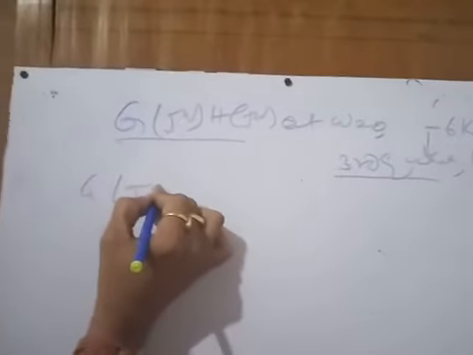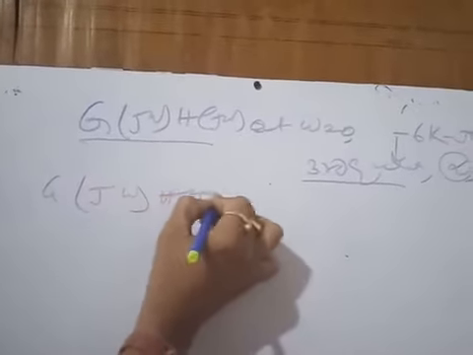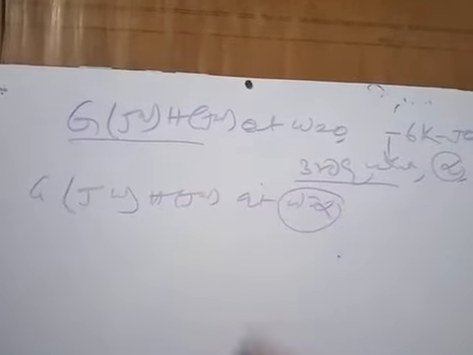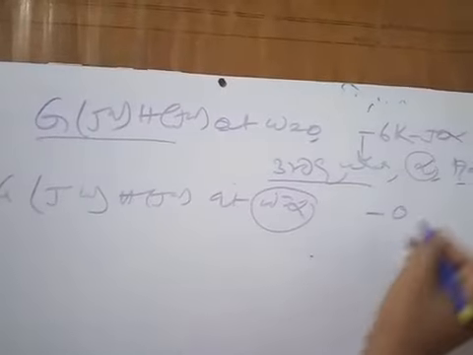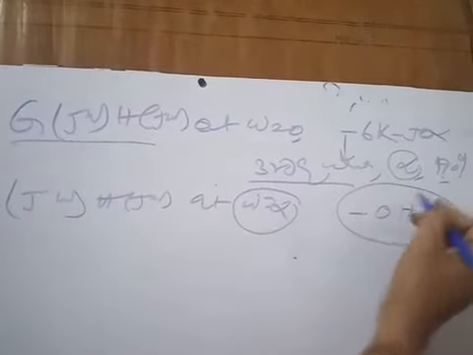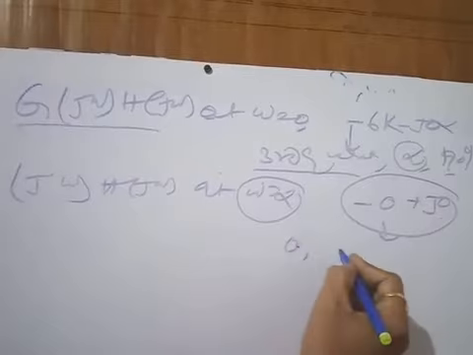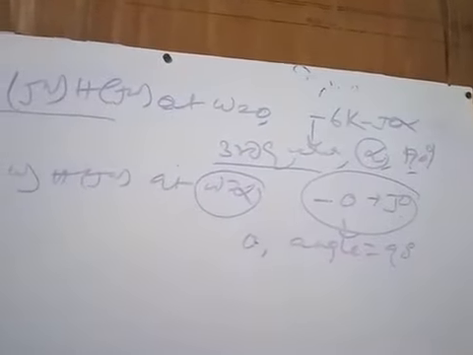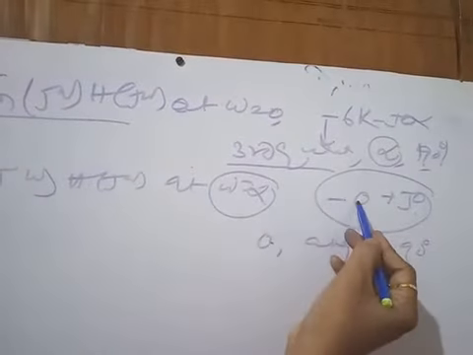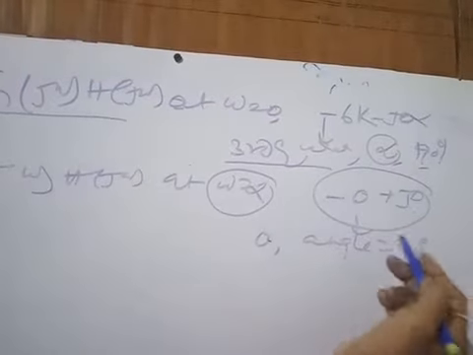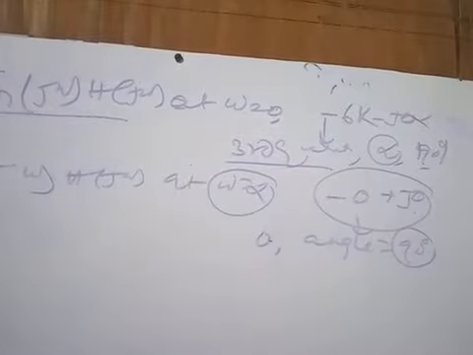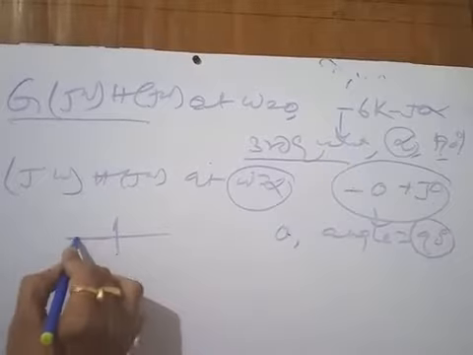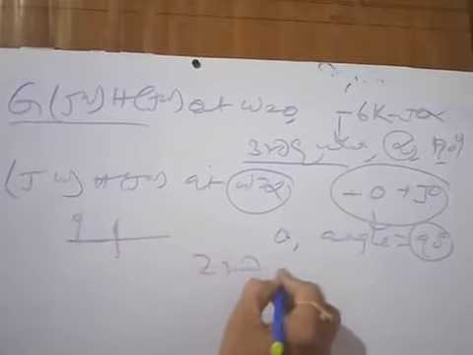Similarly, G(j omega) H(j omega) at omega equal to infinity: what we get is minus 0 plus j0, right? So what is the magnitude? 0, and the angle is also 90 degree. You get from the previous expression that the real part is minus 0 and the imaginary part is plus 0, so the angle automatically becomes 90 degree. Minus and plus means this is a second quadrant operation, right?